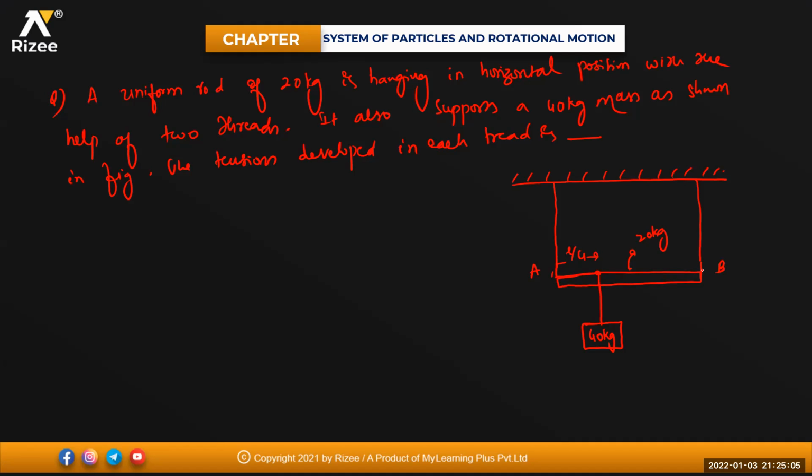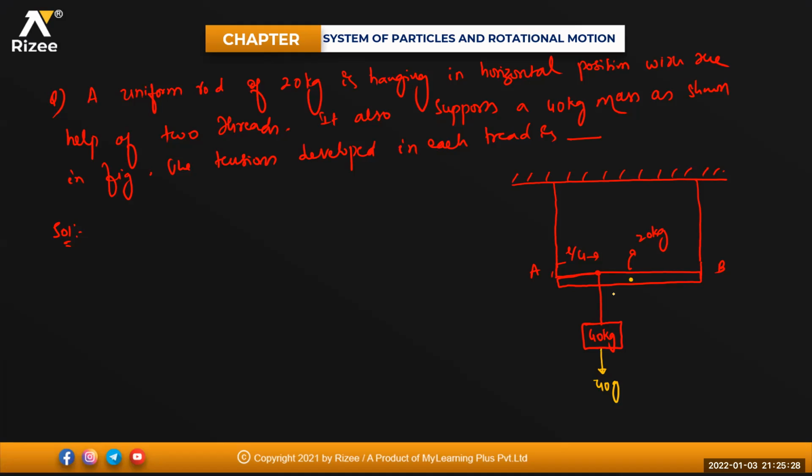Now read the question. A uniform rod of 20 kg is hanging in horizontal position with the help of the 2 threads. It also supports a 40 kg mass as shown in figure. The tension developed in each thread will be equal to how much? Make an FBD for this one first. Weight of this 40 kg will be acting in the downward direction, 40g. This is the center of mass for this one.